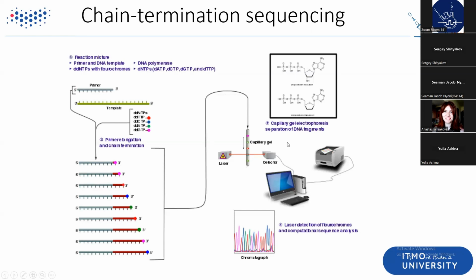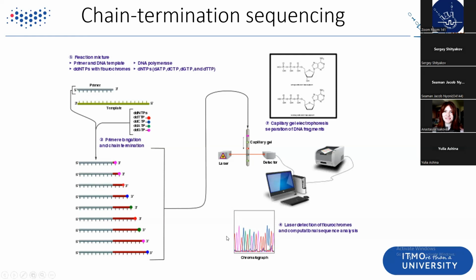You have a laser, you have a detector, and the capillary gel. So this mixture will go through this capillary gel, and you have the different fractions of your PCR product.